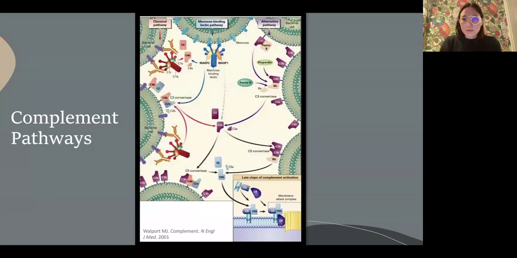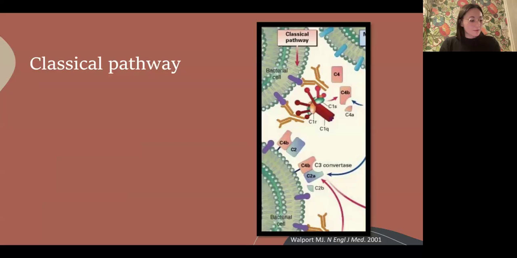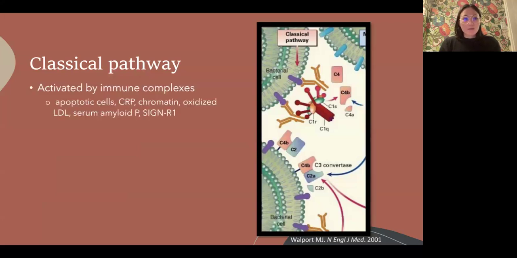So here are all of the pathways that we remember so well. There's the classical, the mannose-binding lectin, and the alternative pathways, and these converge into the terminal pathway or the membrane attack complex. We'll go through each one individually. The classical pathway was the first pathway discovered, hence the name, and it is activated by immune complexes, so IgG, IgM. It's also activated by different apoptotic contents.